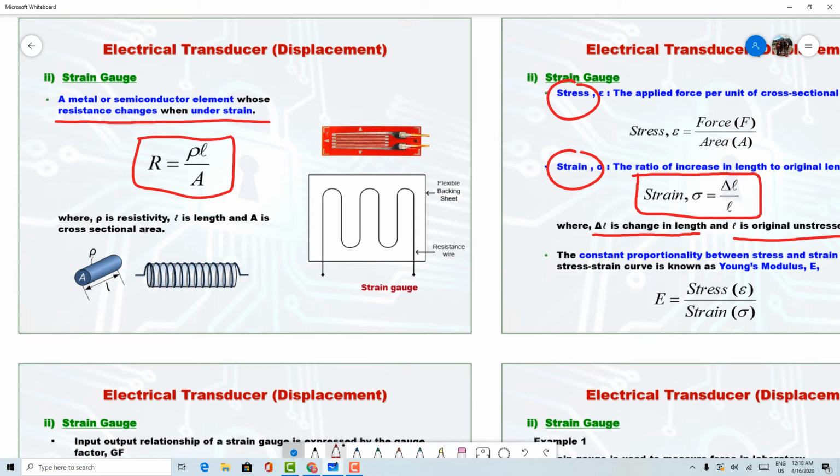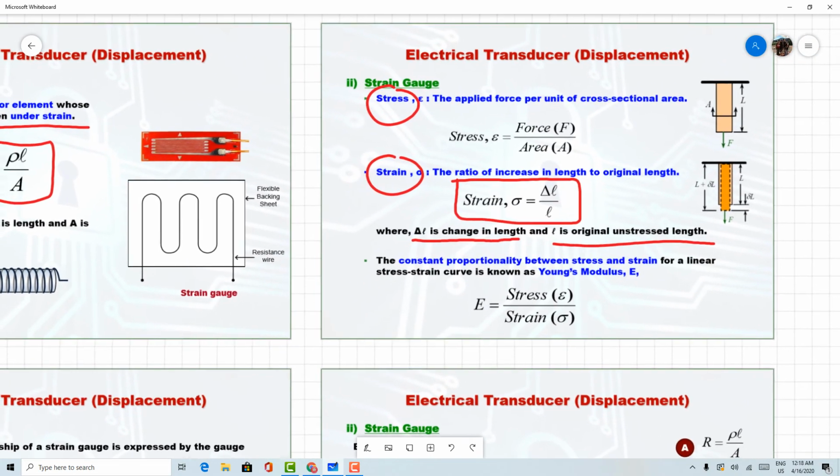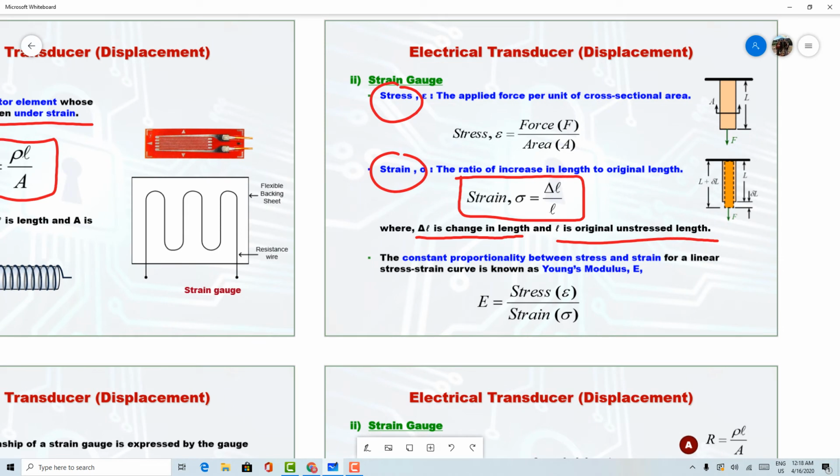Okay, so what is Young's modulus, which we label with E? Young's modulus is the constant of proportionality between stress and strain, for a linear stress-strain curve.